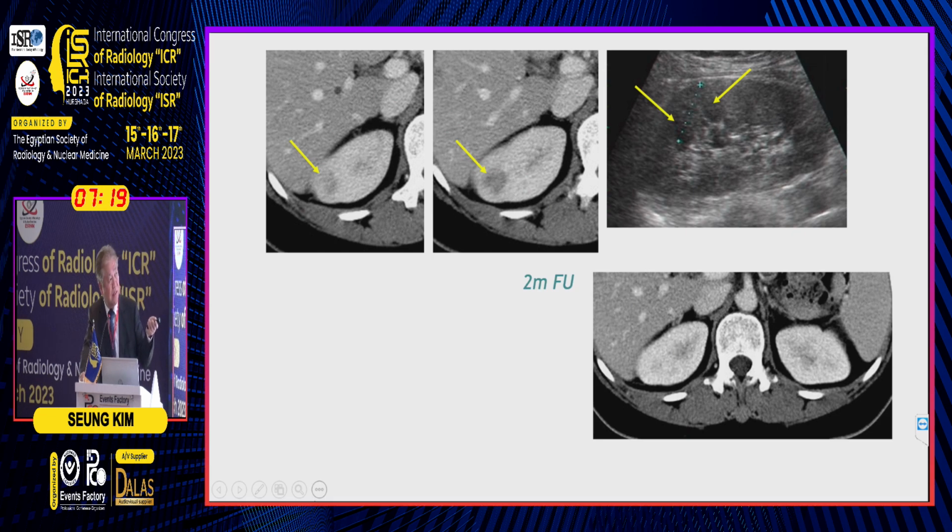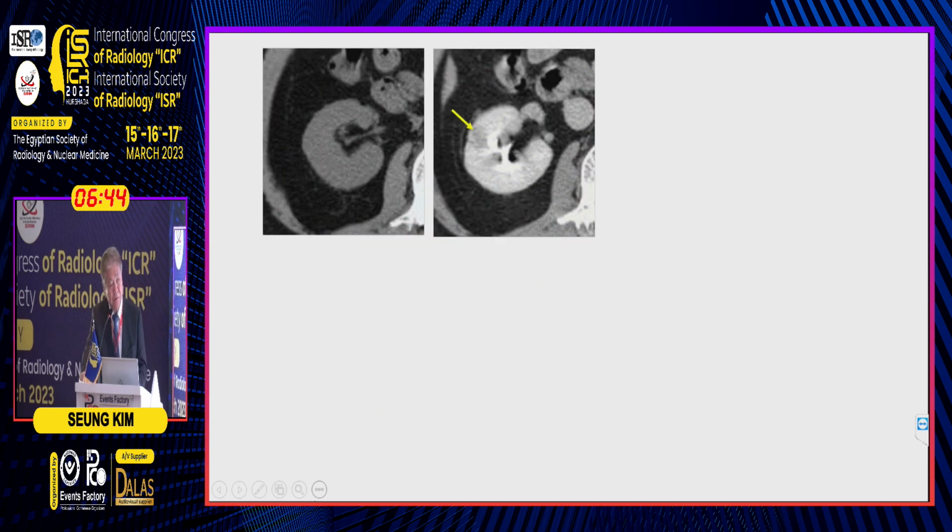In many cases on CT, in a certain phase of enhancement, because the medulla enhances later than the cortex in some phases of the scan, the medulla has unusual low attenuation and may mimic a mass like this one. So if there is a question regarding a neoplastic or non-neoplastic lesion at CT scan, the good way is to follow up like this patient. Wait and see is the best way in many cases like this.